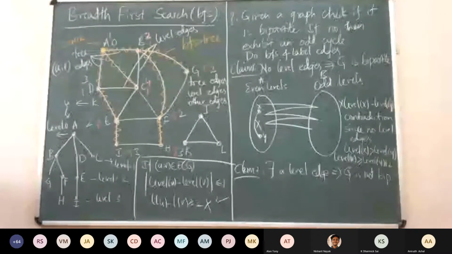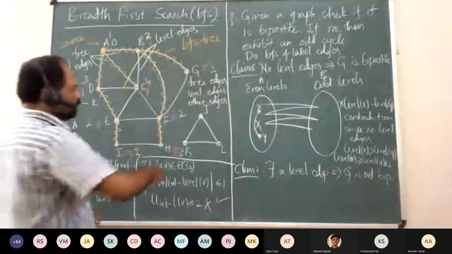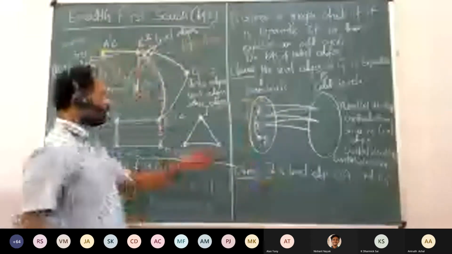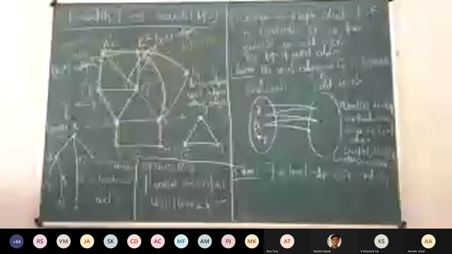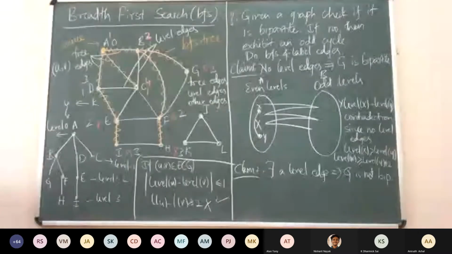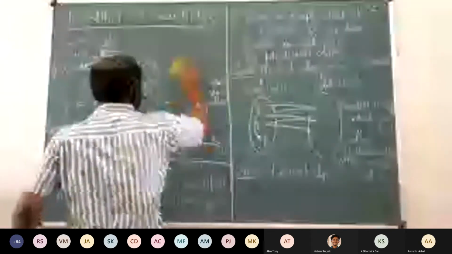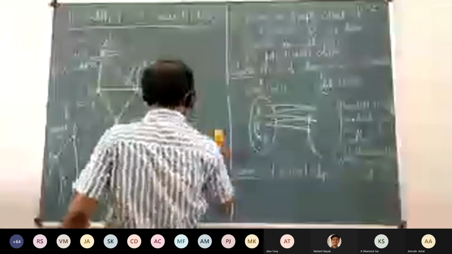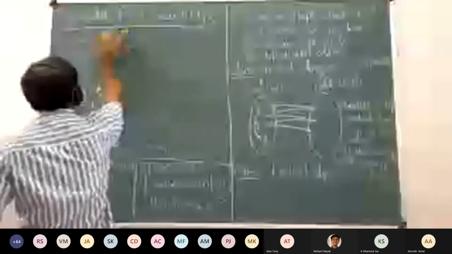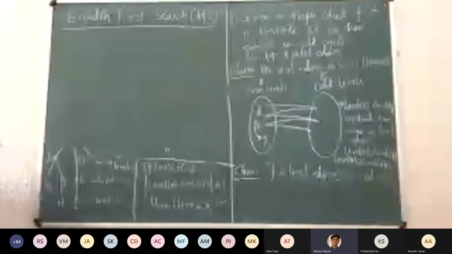Even before going into that algorithm, we are trying to see why it is true, and only then will we write the algorithm. So this is the candidate algorithm. We don't know whether it is correct.